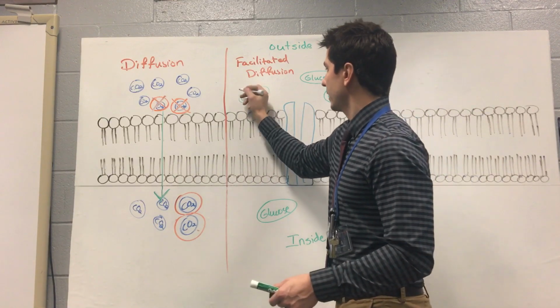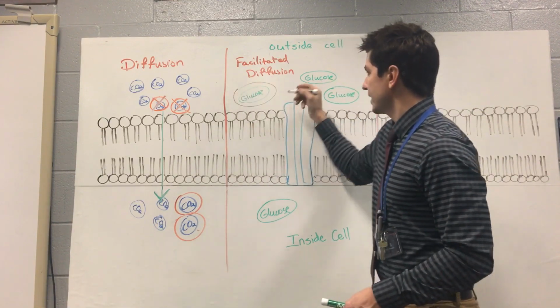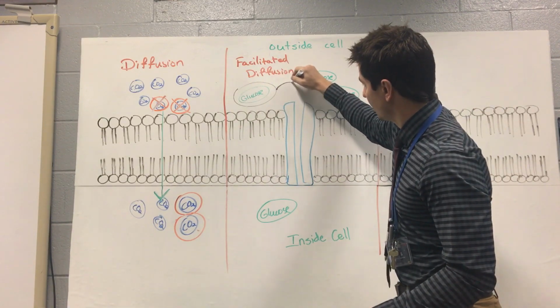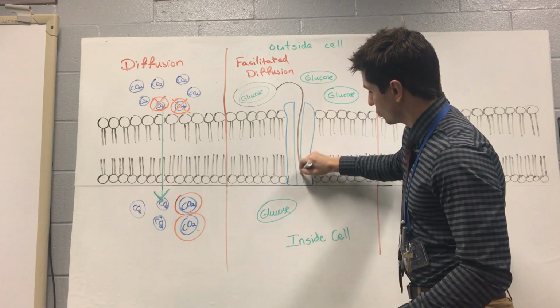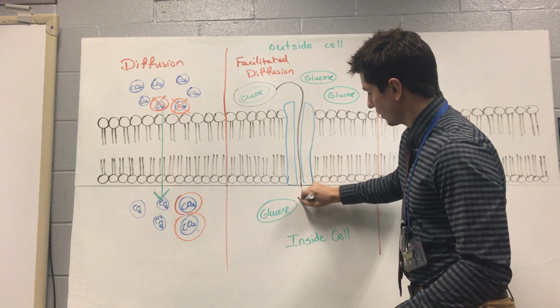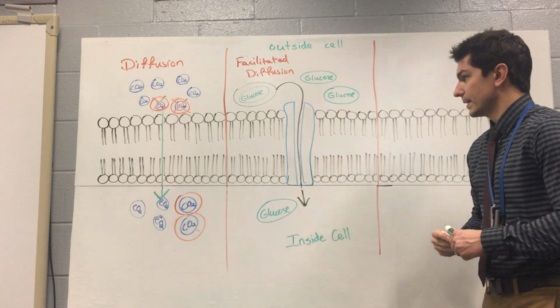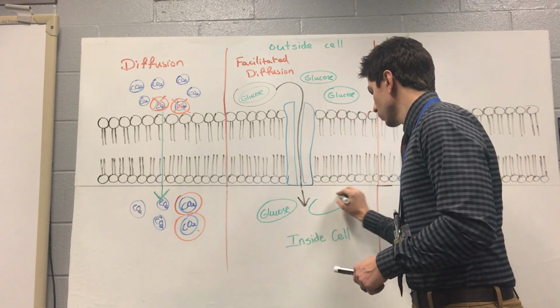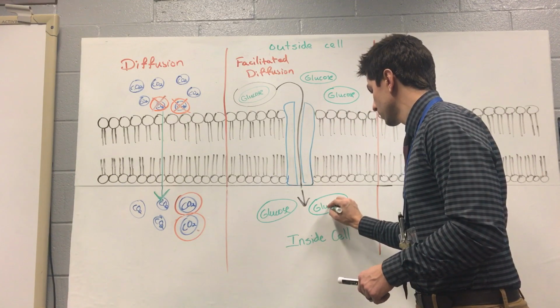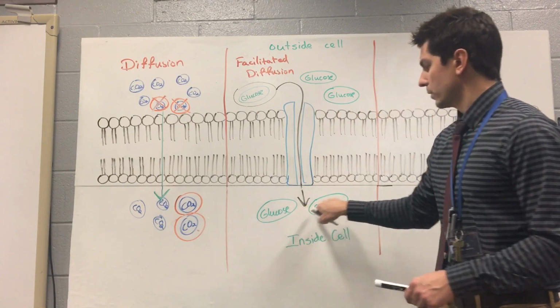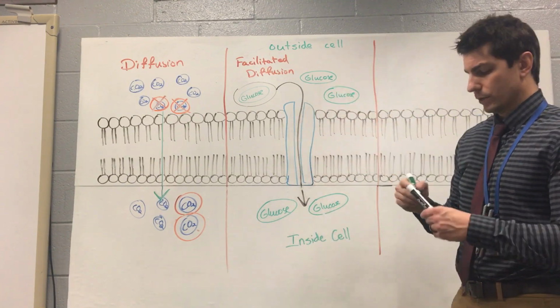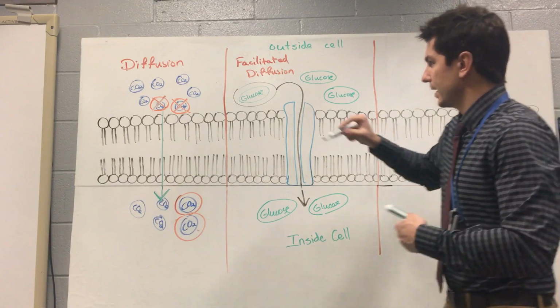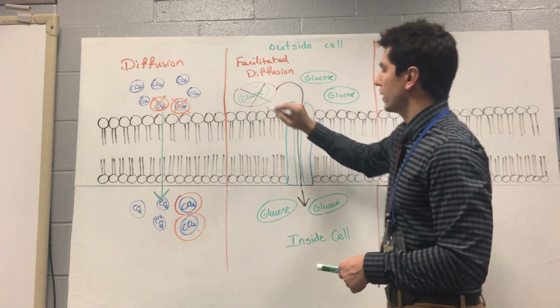So I'm just going to pull this guy here. We're going to move him down our concentration gradient, and take him to the other side. So now we got 2 glucose molecules on this side and 2 on this side. And this guy, he's no longer there because he moved across.